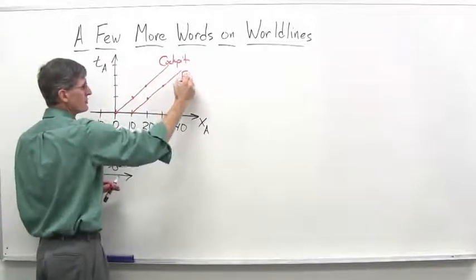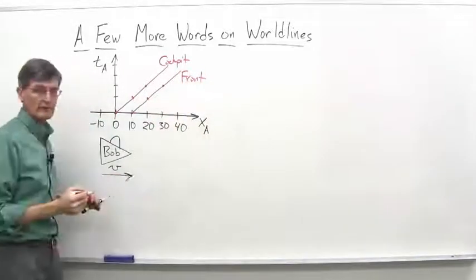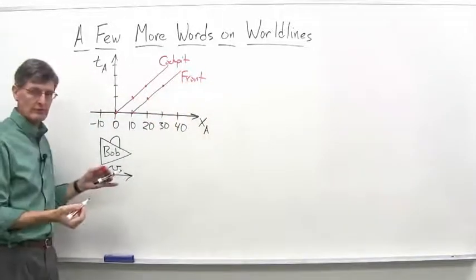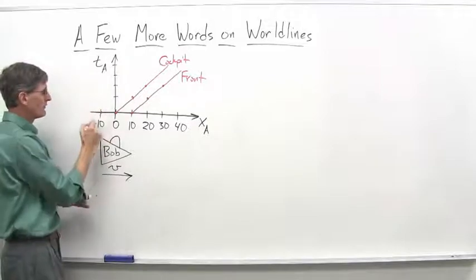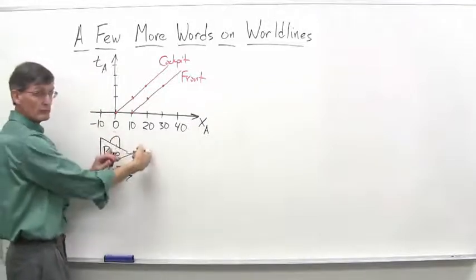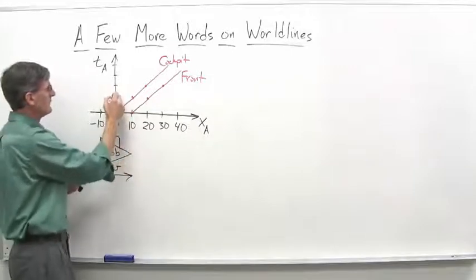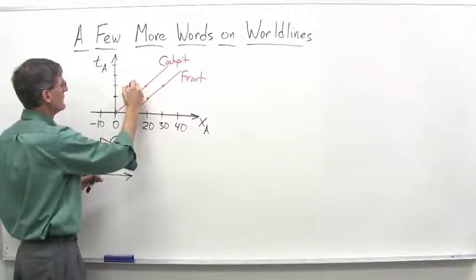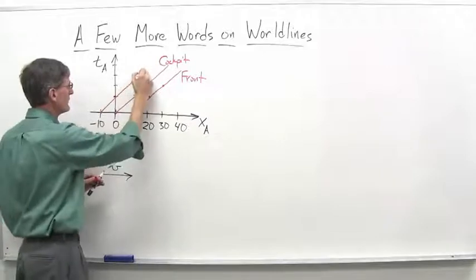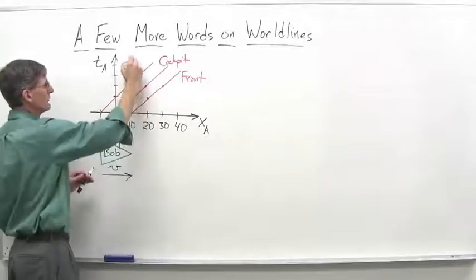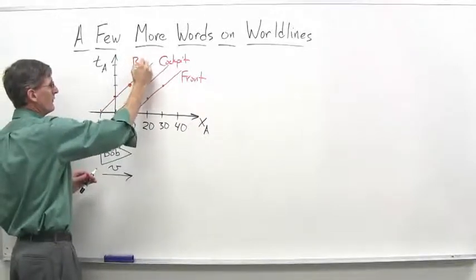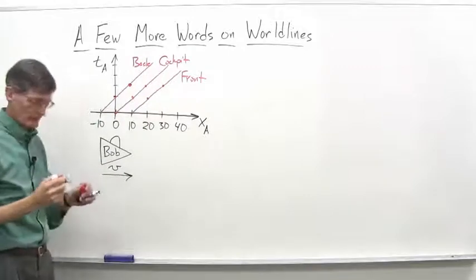This is the world line of the front of the ship, and the back of the ship is similar. Of course, it starts off at t equals 0 here. Then as the ship moves over, 1 second or whatever the unit of time is later, it's going to be here, and then it's going to be here, and so on and so forth, and we get that as well, more or less. So this is the back of the ship.